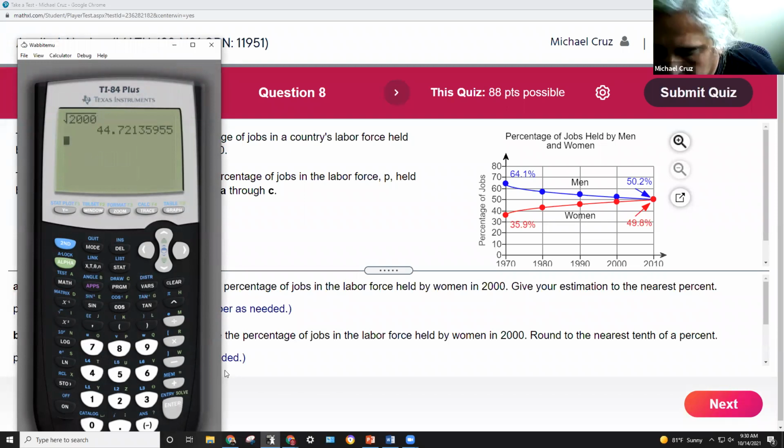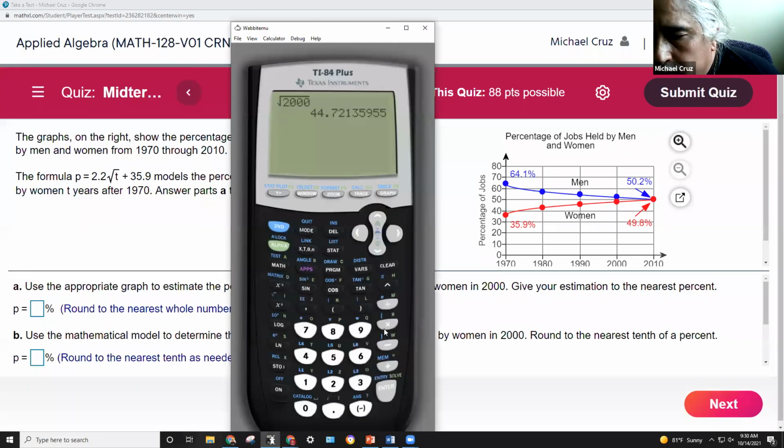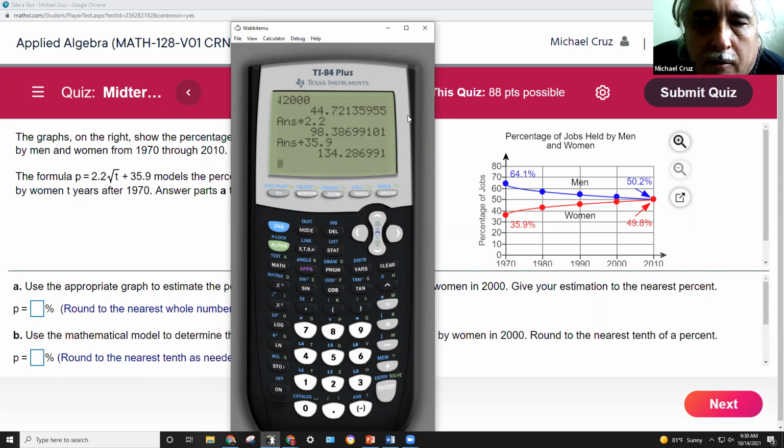So that, and then we're multiplying it times 2.2. And then we're going to add 35.9. And so we're looking at 134. Something's not right with that.